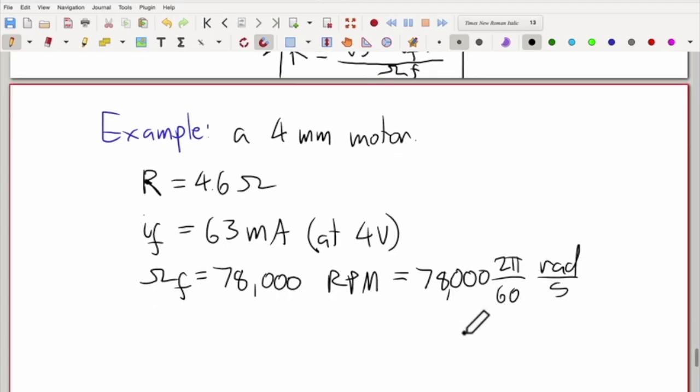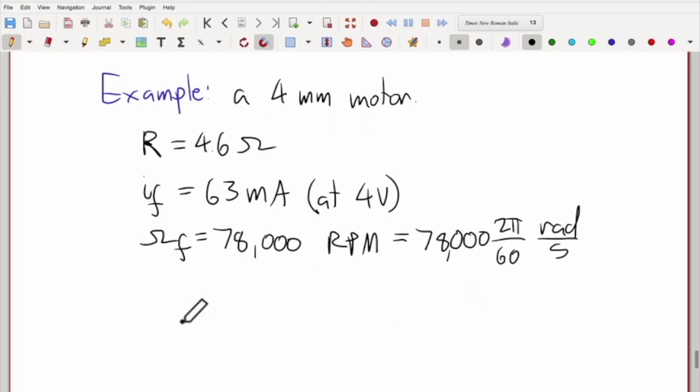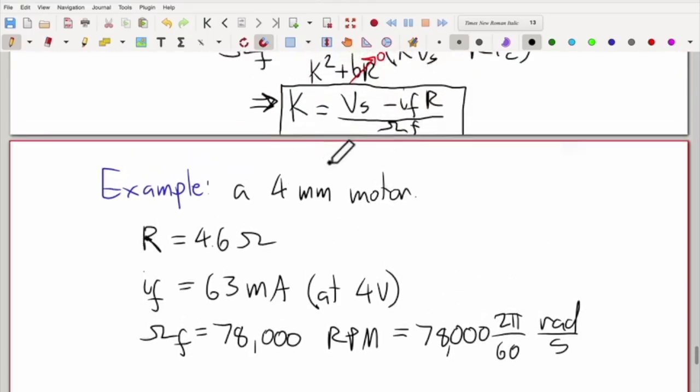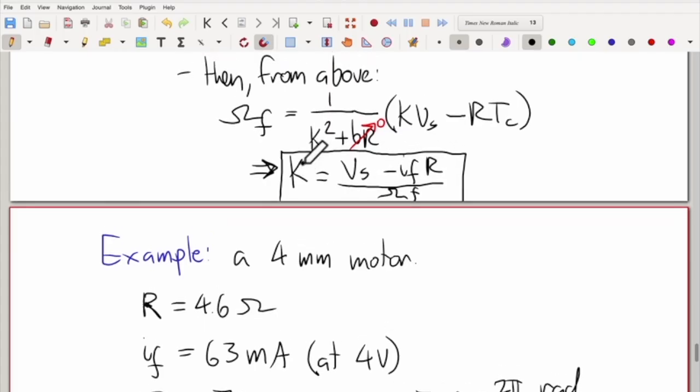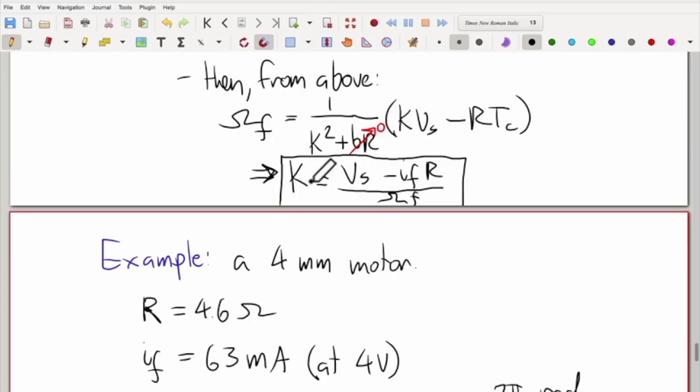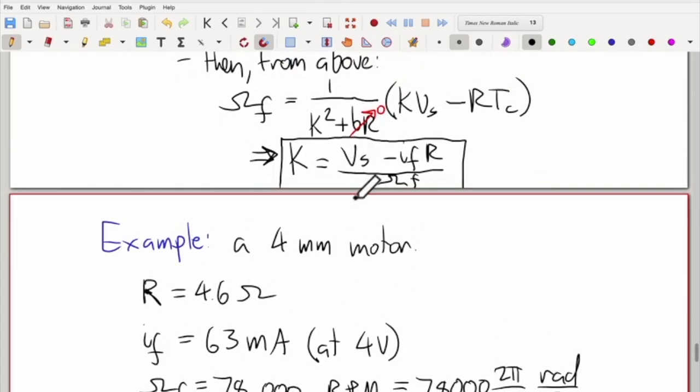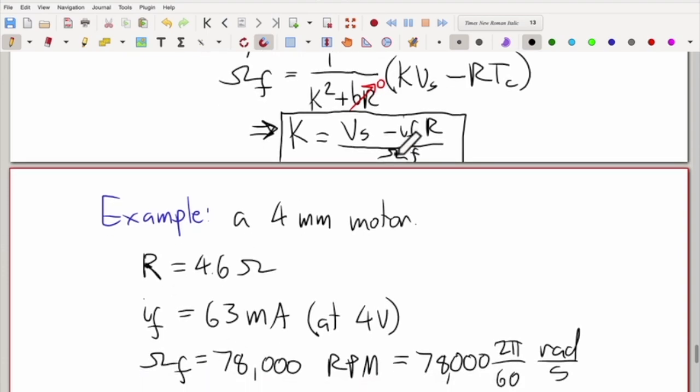If we plug these numbers into this equation, first of all, we'll do this one because we need to find k before we can get the Tc. So we know Vs is 4 volts. We know If, we know R, and so on.